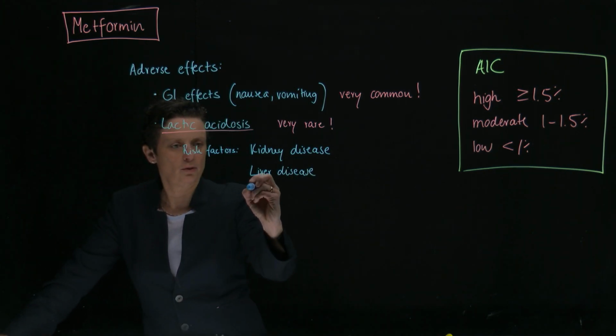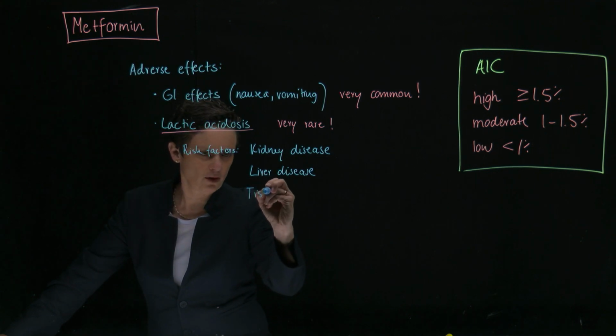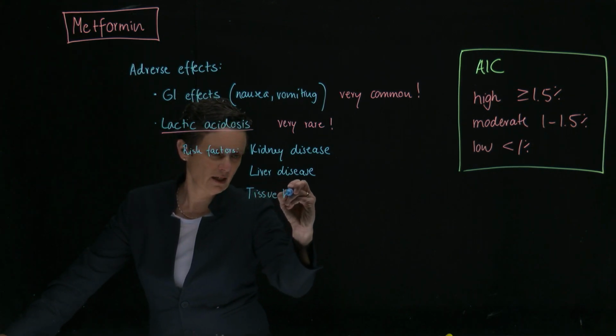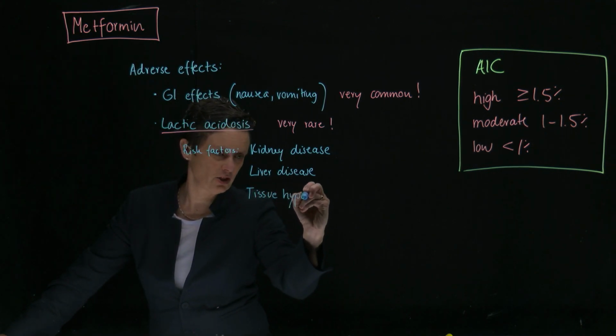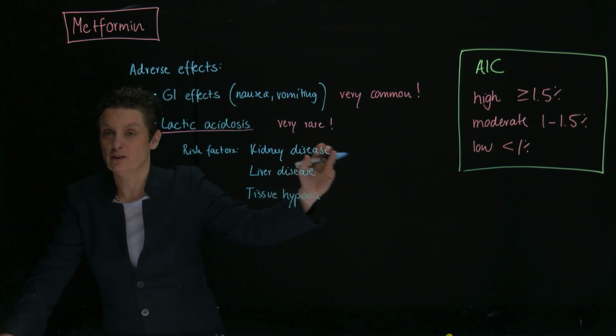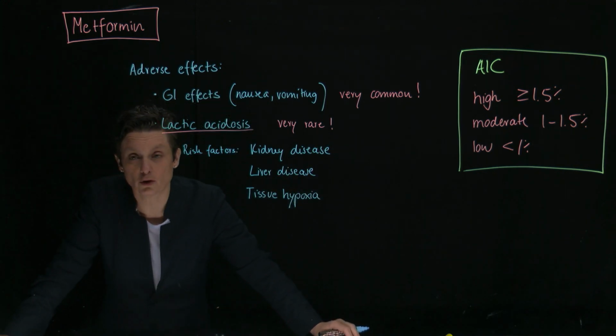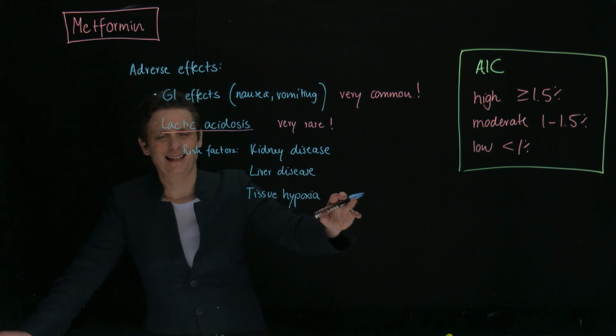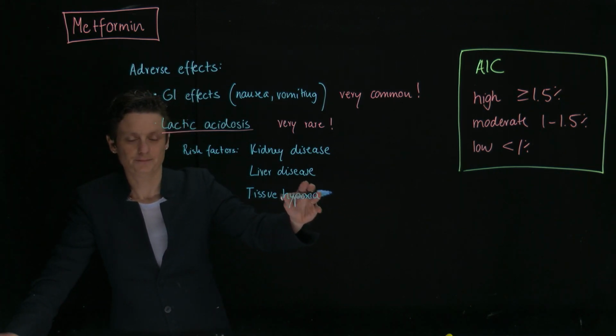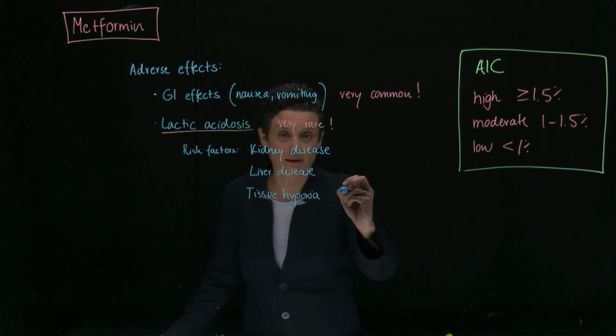And then also tissue hypoxia, so having low levels of oxygen in your body can increase the risk to develop lactic acidosis, because low oxygen also leads to lactic acid production. So what are examples?